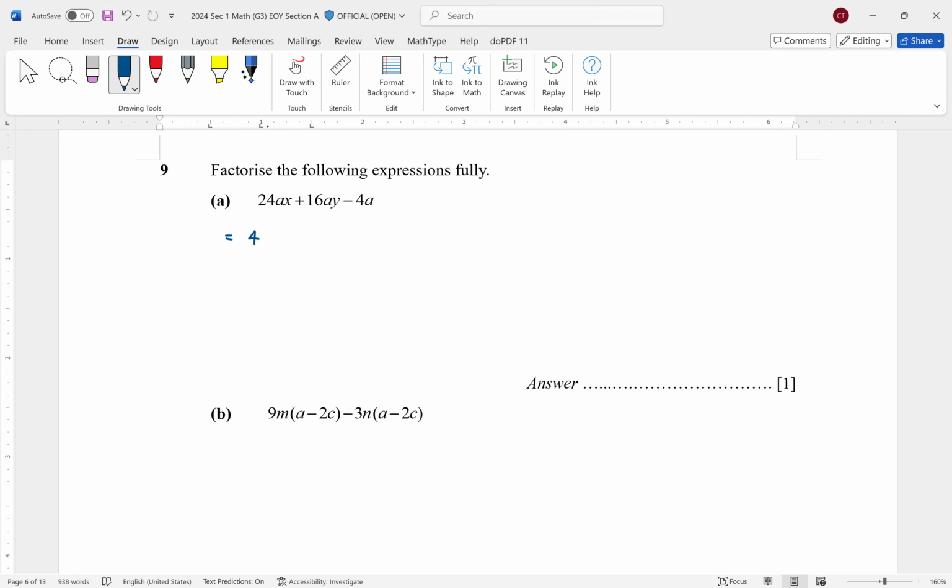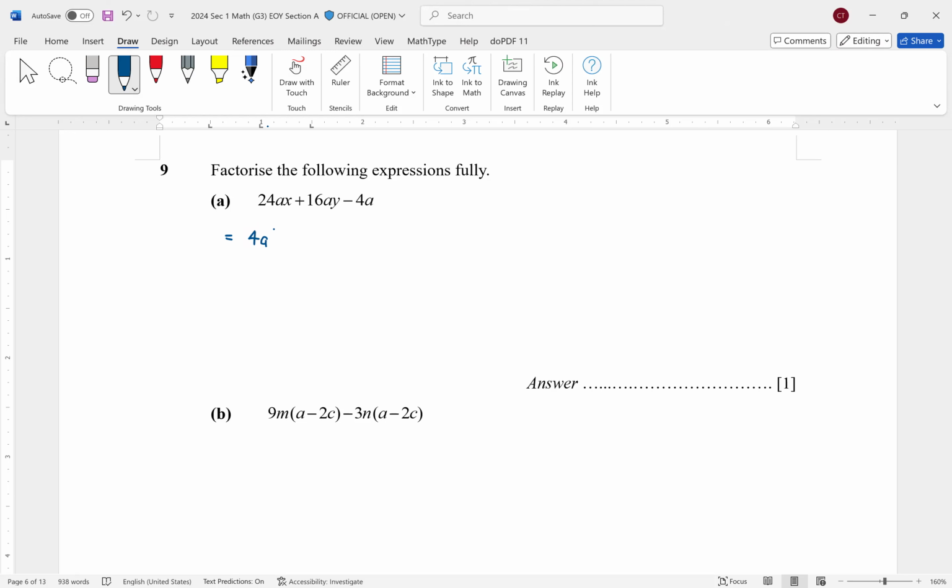All the terms have a, so a is clearly a common factor. How about x? x is not a common factor because the second and third terms have no x. Then y is also not a common factor because the first and third terms do not have y. So the biggest common factor that we can take out will be 4a.